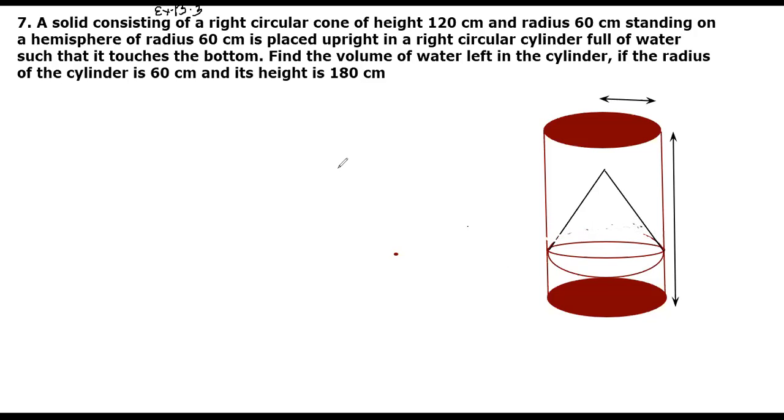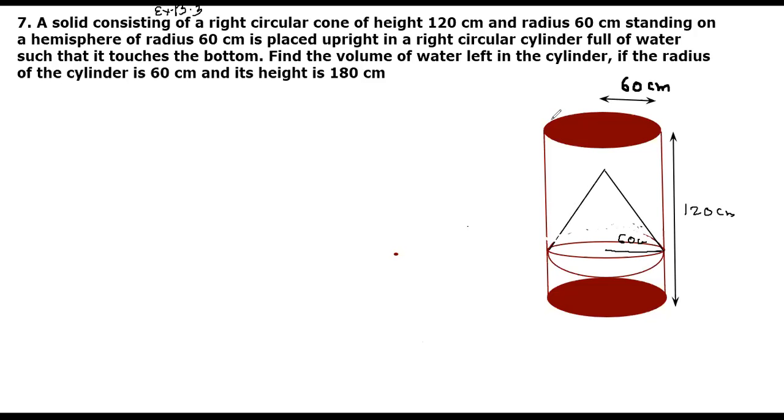Okay. Now this is given 60 centimeters, and the height is 120 centimeters, and this radius, it is touching the base, is also 60 centimeters. What else is given? Standing on a hemisphere of 60 centimeters radius, the cylinder is upright, full of water such that it touches the bottom.